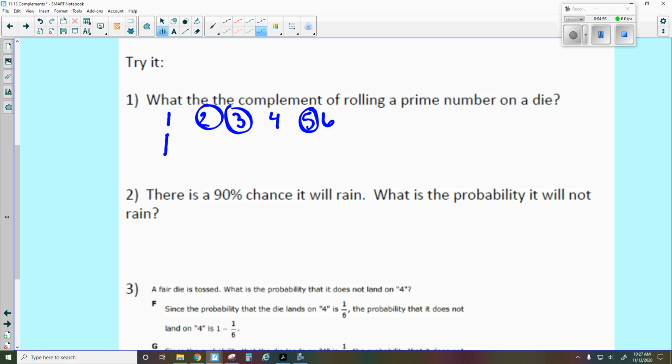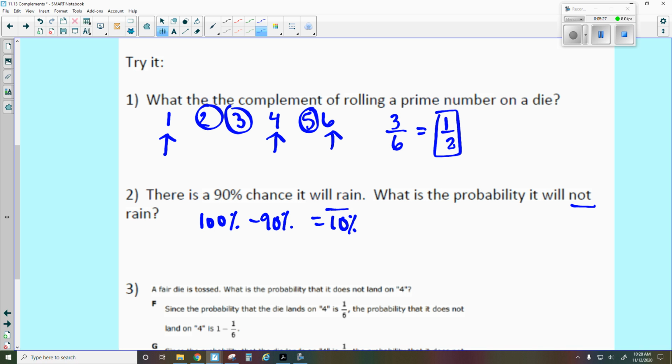So 1, 4, and 6 are not prime. So that's 3 numbers out of 6, which simplifies down to 1/2. Number 2, there's a 90% chance it will rain. What is the probability it will not rain? So 100% minus 90% equals 10%.